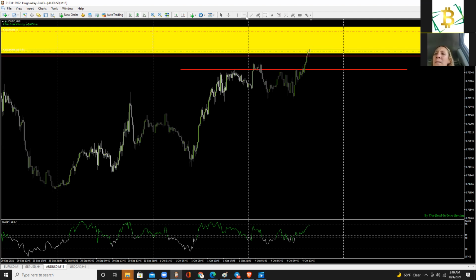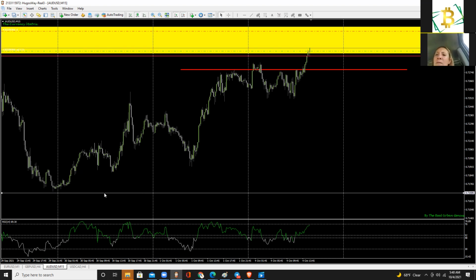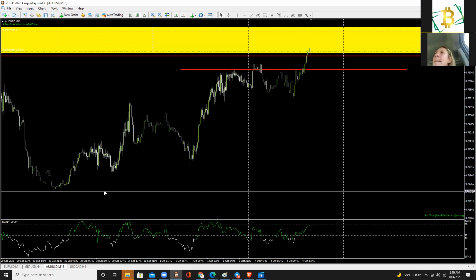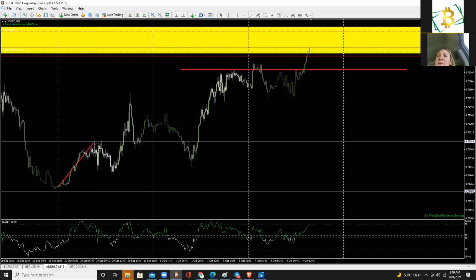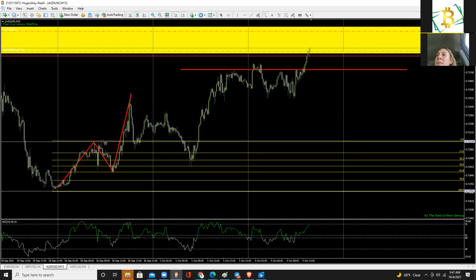We can start it at this previous swing peak low. Now, if we follow it, we have a resistance here. So what I see here is an A to B, B to C, C to D situation, and that is found by the Fibonacci, swing high to swing low.